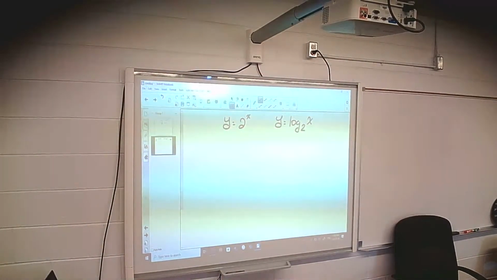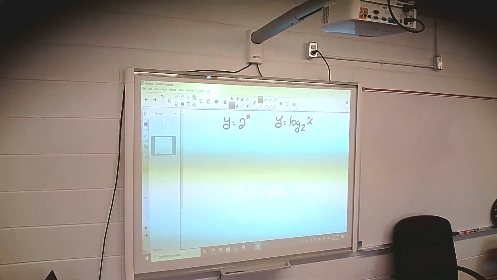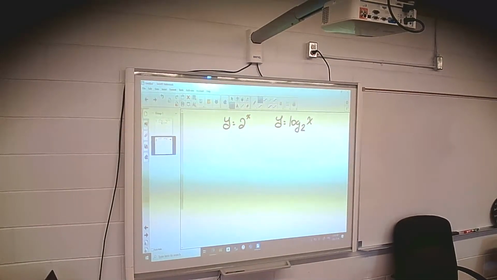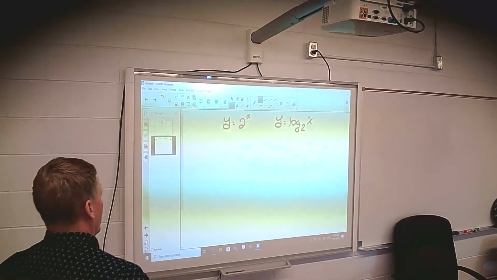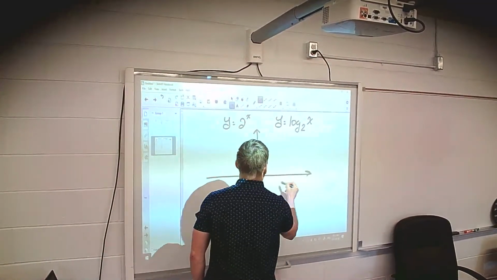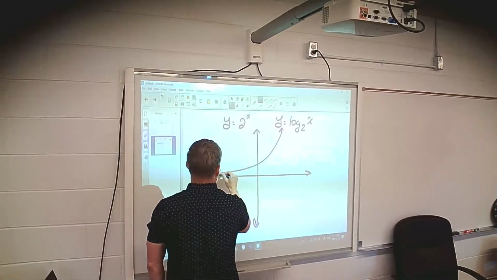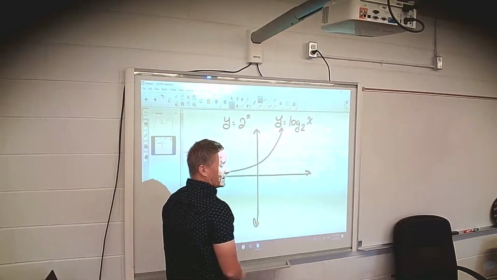When you graph the inverse on a graph, what did you do? How did you graph the inverse of a function? Flip the x and the y's. Okay. So we just finished the unit on exponential equations. There's your exponential equation, right?